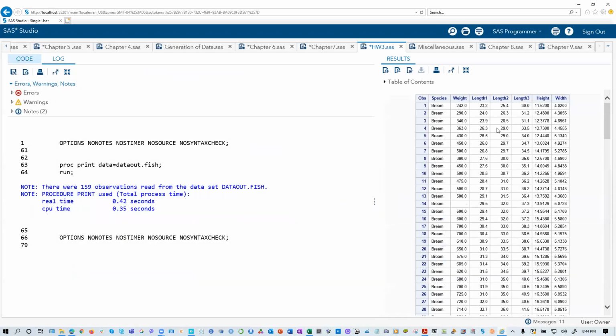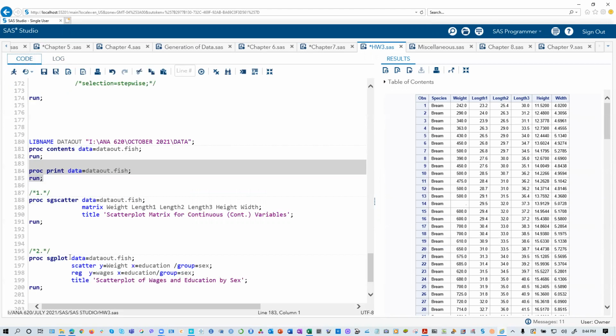They have species, weight, length 1, length 2, length 3, height and width. Then the scatter plot for all the numerical variables 1, 2, 3, 4, 5, 6. Scatter plot matrix for the continuous variables: weight, length 1, length 2, length 3, height and width.